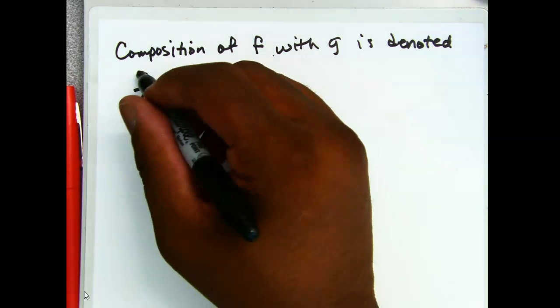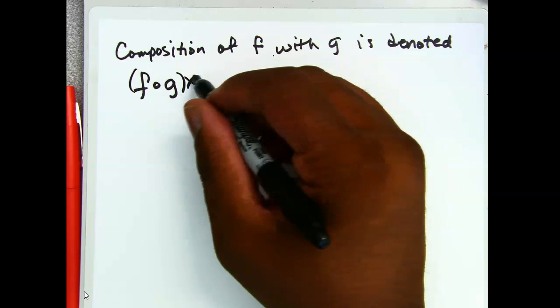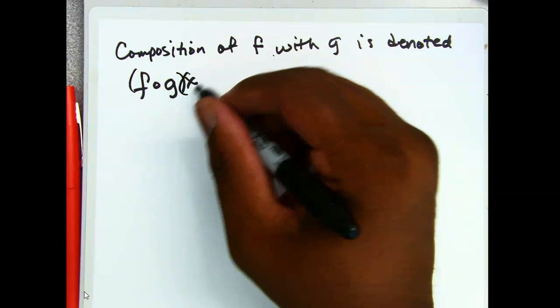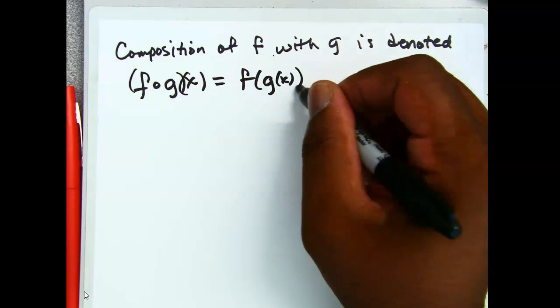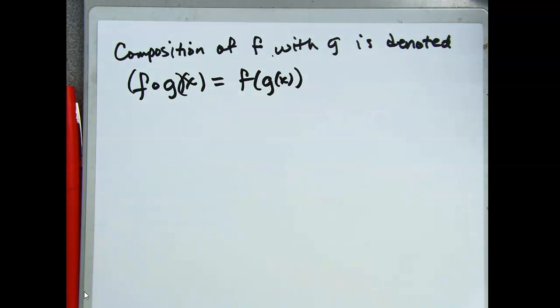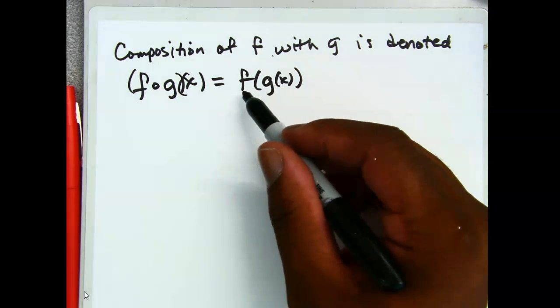And if that's a function of x, then that's the same thing as f of g of x. g of x is your inside function, f is your outside function.